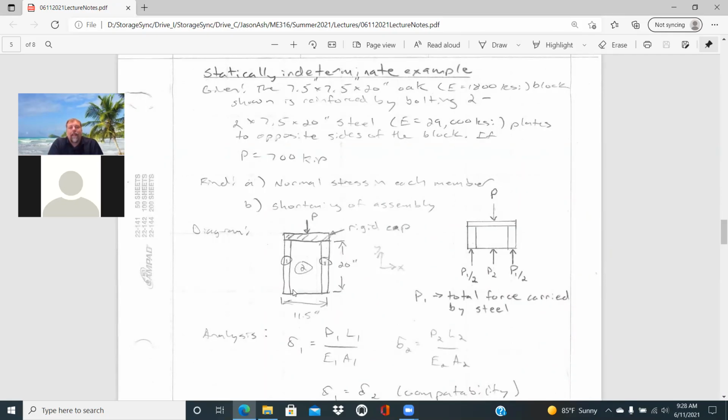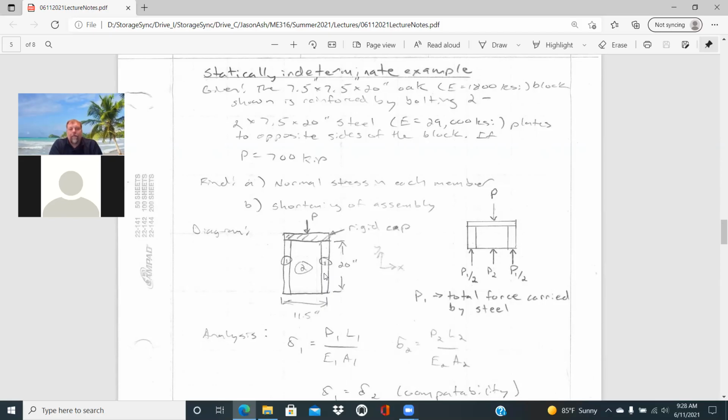This block is being reinforced by 2 steel plates that are 2 inches wide, 7.5 inches deep, and 20 inches tall. So it's kind of sandwiched between the two. And if load P is applied to the top, 700 kip, what we're asked to find is the normal stress in each member and then the shortening of the entire assembly.